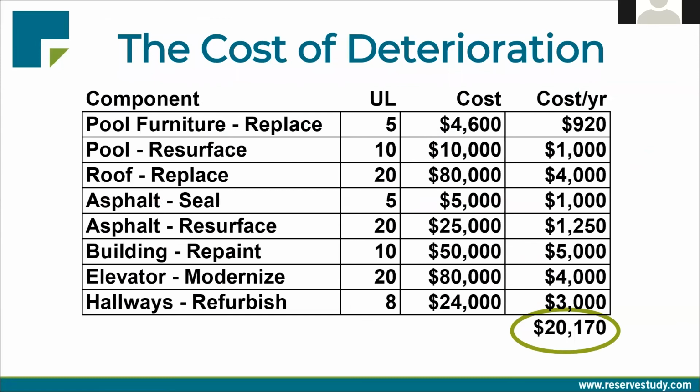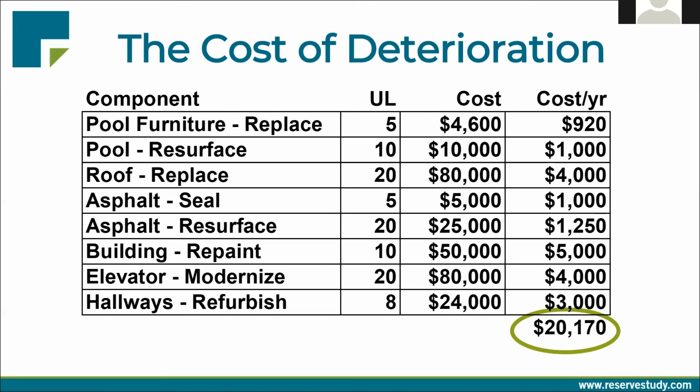Remember, the cost of deterioration based on your components is real and inevitable. The ongoing deterioration of these components is going to fundamentally define your reserve funding needs. Cash flow or component method calculations are just different tools used to find what is needed in your association.